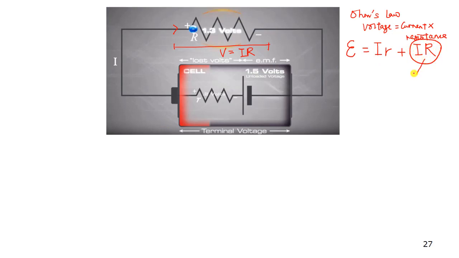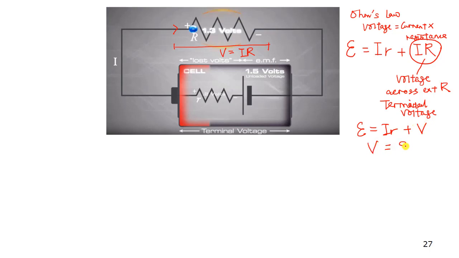I darab R, that one is the voltage across external resistance. So, yang across external resistance tu kita panggil sebagai terminal voltage. So, I will have EMF equals Ir plus V. Ataupun susun balik, you dapat V equals EMF minus Ir.